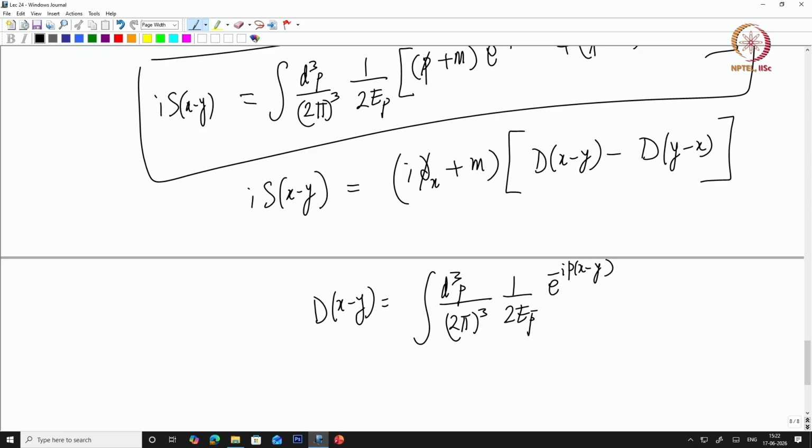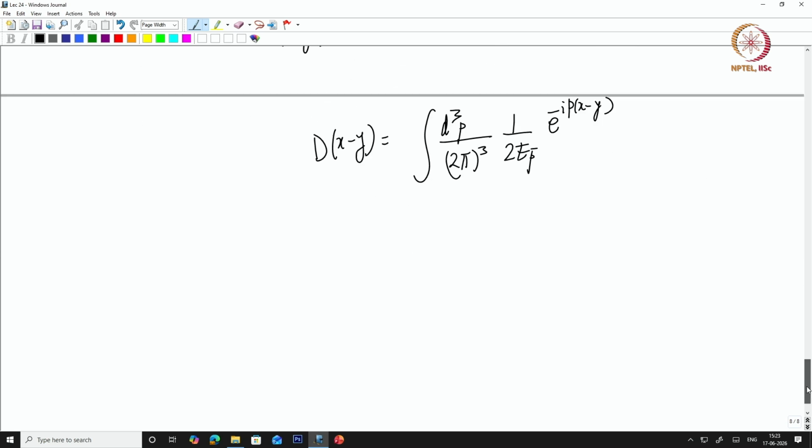Now, in the scalar propagator, what we have seen is that this propagator has issues, meaning it should vanish for spacelike separations essentially. Okay, because we said that for spacelike separations, that means x minus y squared is negative.